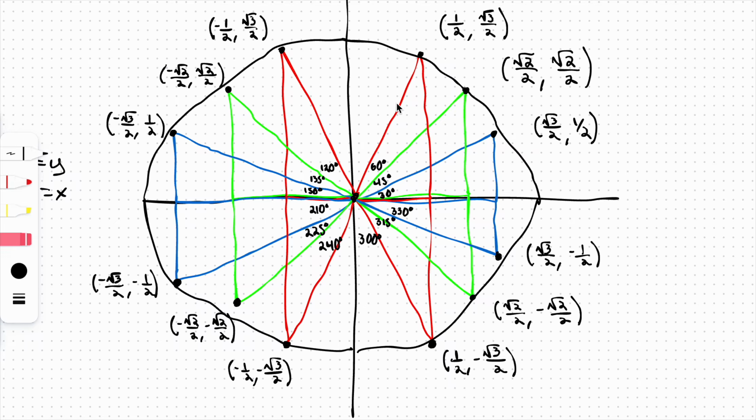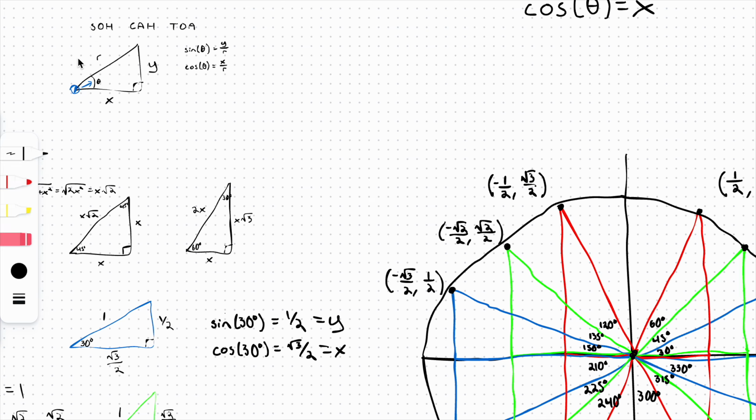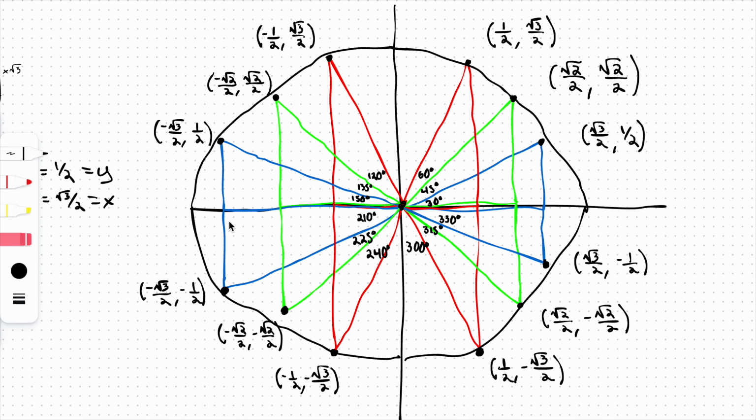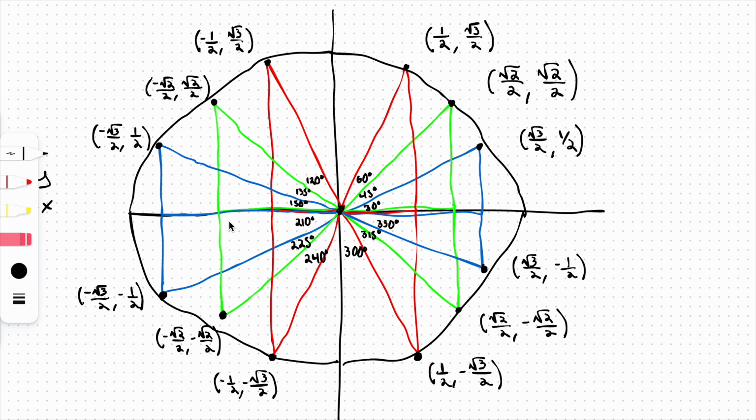So our hypotenuse is the radius, hence why I had it as r in this initial example. And it's equal to 1 because this is the unit circle. It's called the unit circle because our radius is 1, right? It's 1 unit.